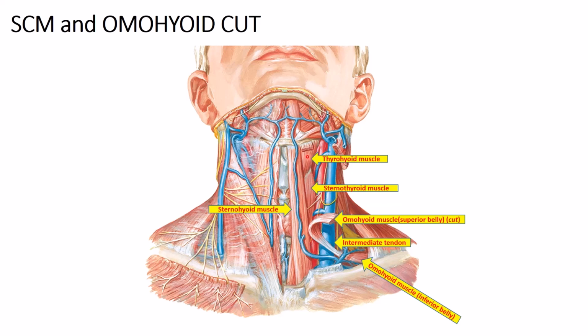So here, this portion is the remnant of the omohyoid muscle. As we cut the omohyoid here, so omohyoid must be like here, from here to here, but we cut it. So what just lies behind the omohyoid muscle, we have the thyrohyoid muscle and the sternothyroid muscle.